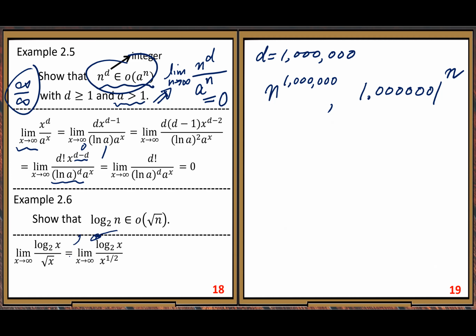So here I missed that part. Natural log of 2, we know it's a positive number, greater than 0, but it's a constant. It's a positive constant.